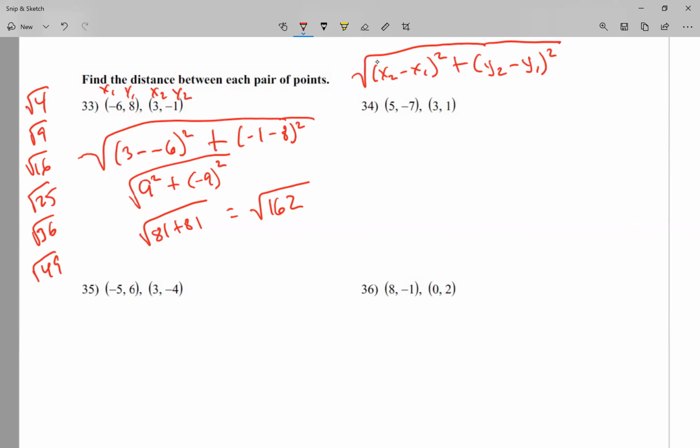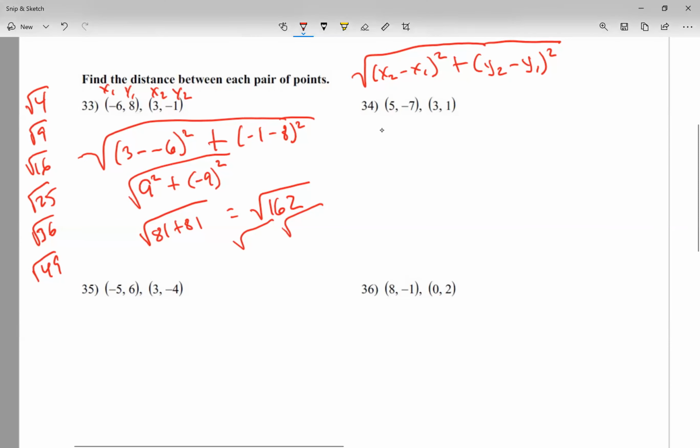I'm going to split this into 2 square roots. I'm going to be thinking of 2 numbers that multiplied equal 162, but one of them has to be from my perfect squares. Then on the chat here, I have a question: how about 9 times 18? All right, let's try that. 9 times 18 is equal to 162, so 9 times 18.